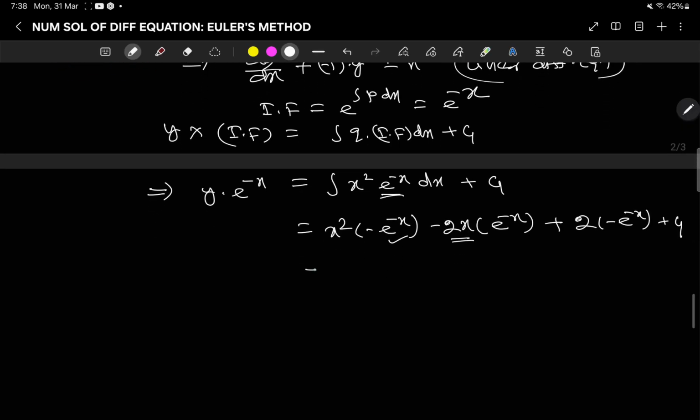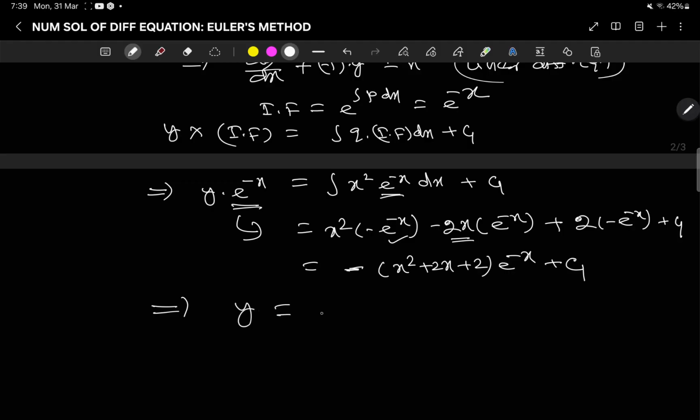So this is equal to minus of x square plus 2x plus 2 into e to the power minus x plus c1. Bringing e to the power minus x to this side, y is equal to minus of x square plus 2x plus 2 plus c1 e to the power x.